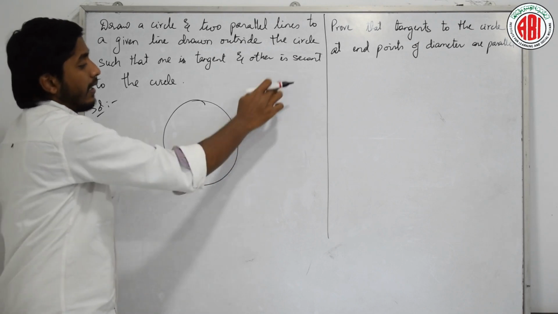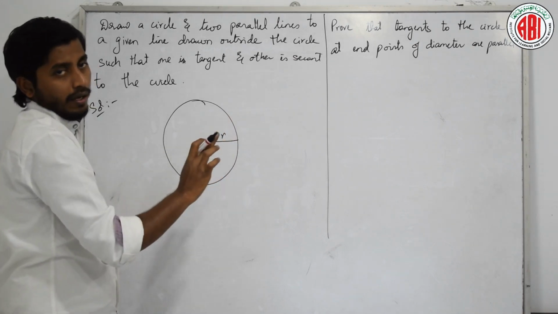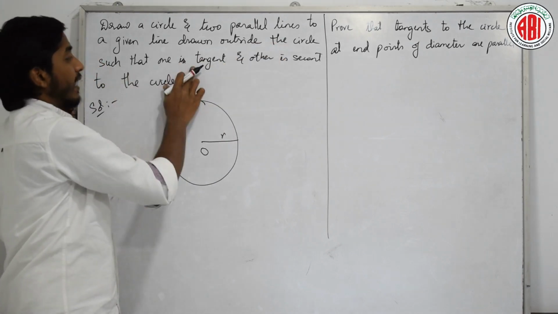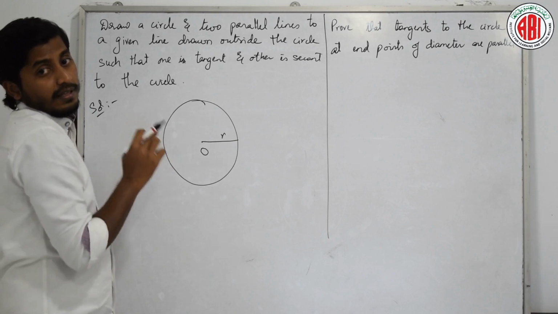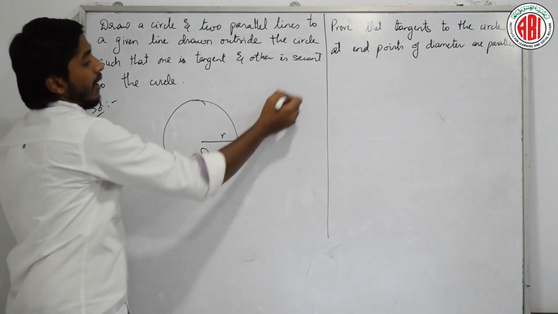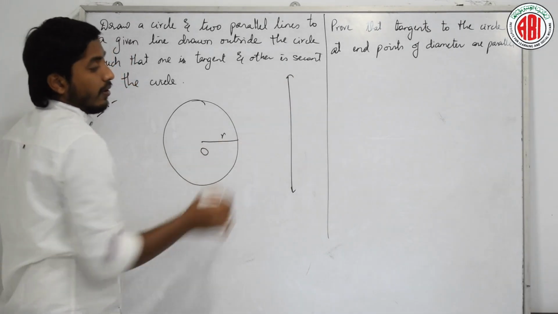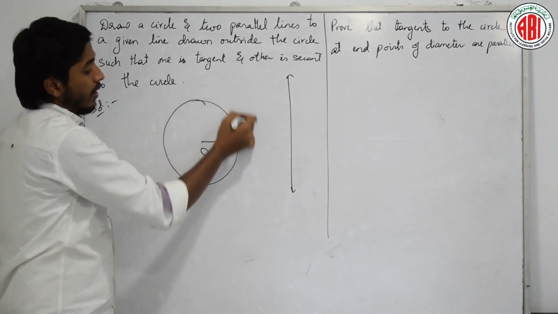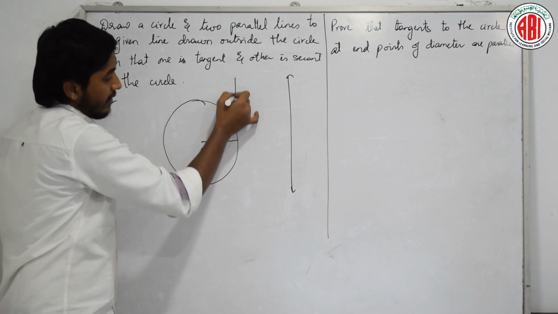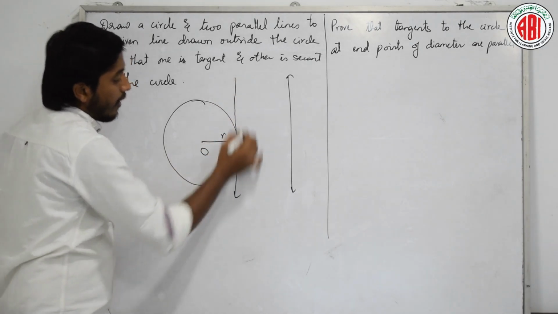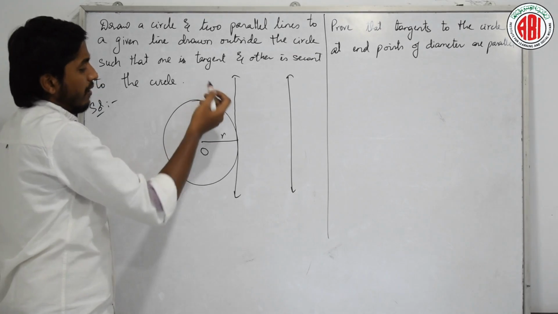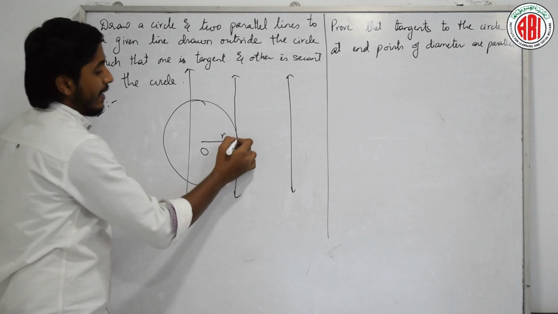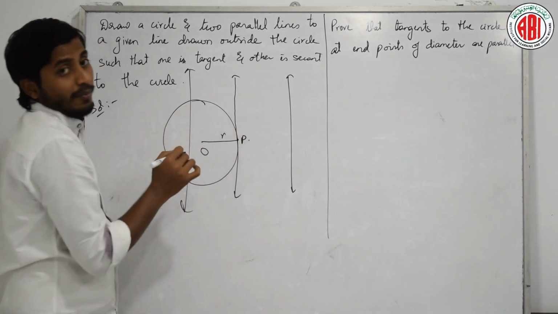A line is given somewhere. We have to draw two lines parallel to it, such that one is a tangent and another is a secant of this circle. Which lines? One is a tangent and one is a secant. We can draw the secant anywhere. This is a tangent which is touching the circle at one point.